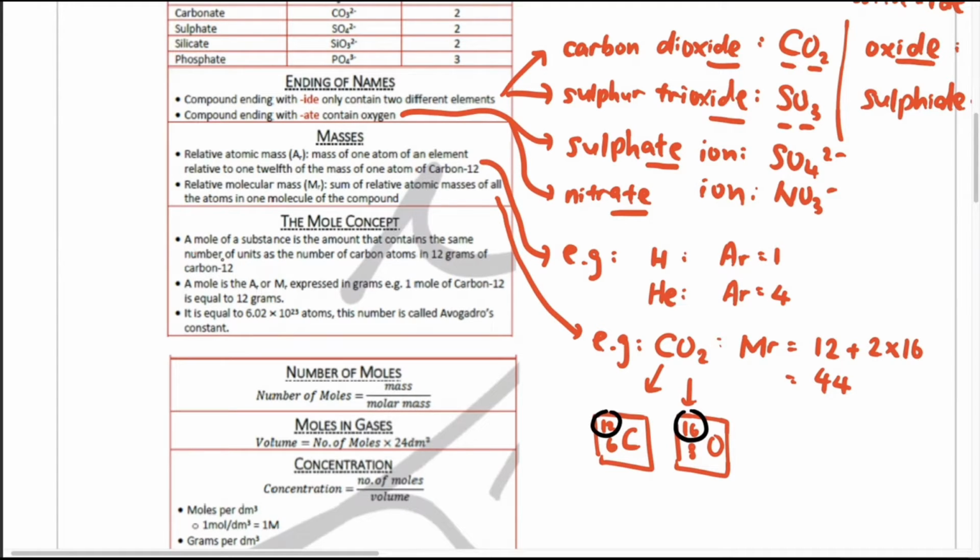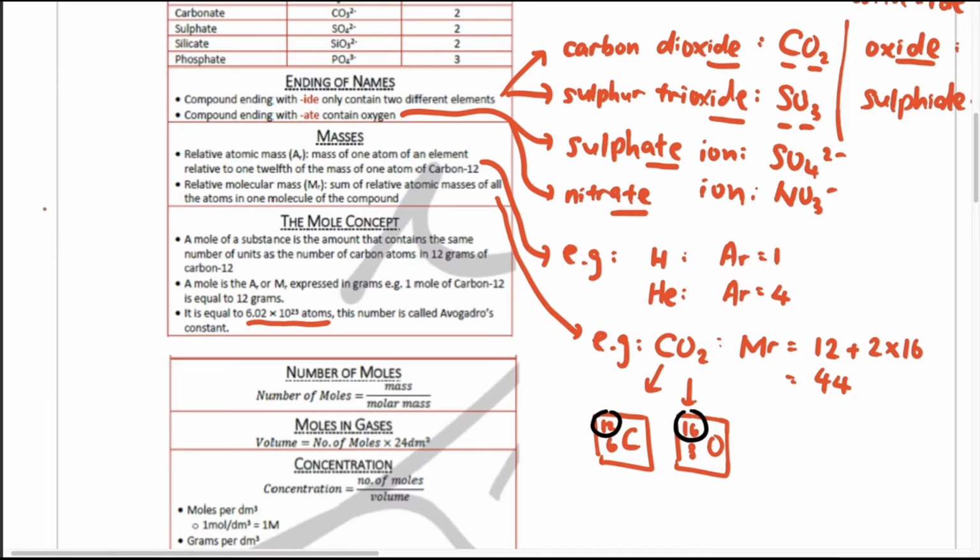First we need to understand how many atoms there are in 12 grams of carbon-12. In 12 grams of carbon-12, we have this amount of carbon atoms, which is known as the Avogadro constant.